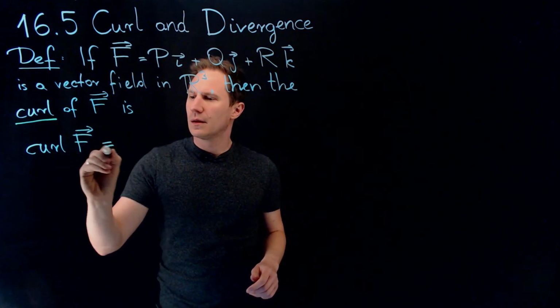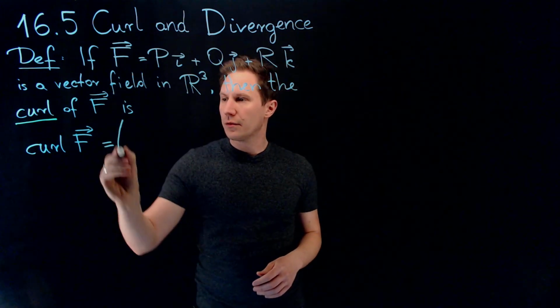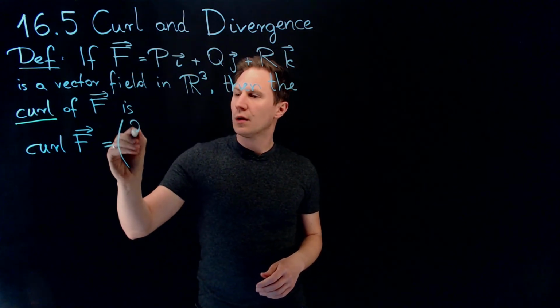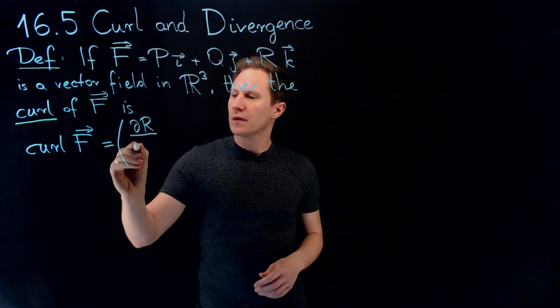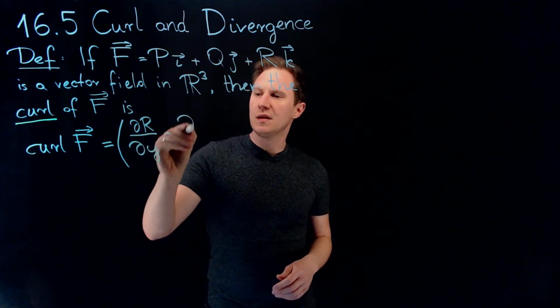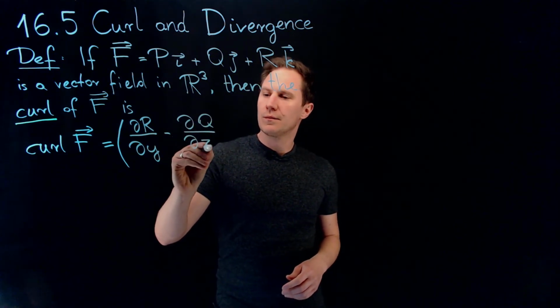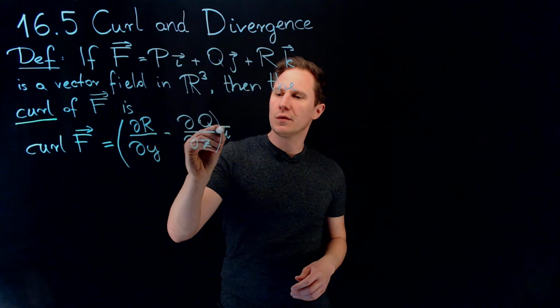and it is itself a vector field with the following components. The first component is dR/dy minus dQ/dz. So that's the i component.